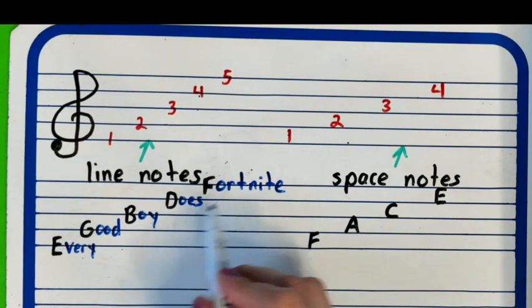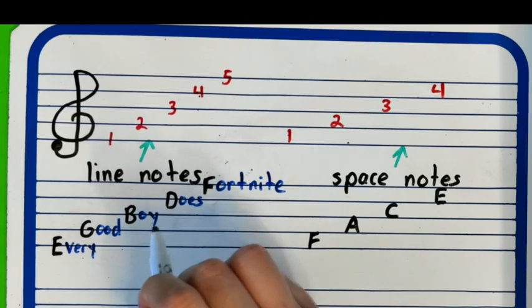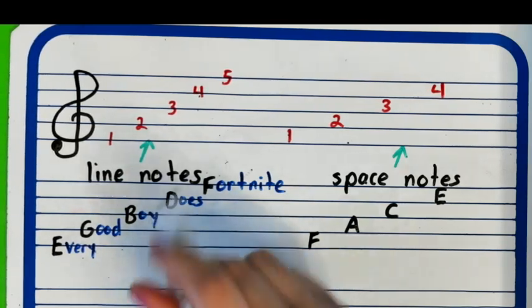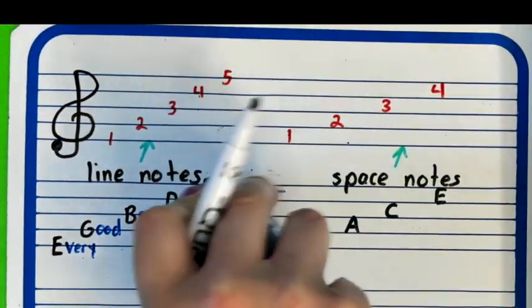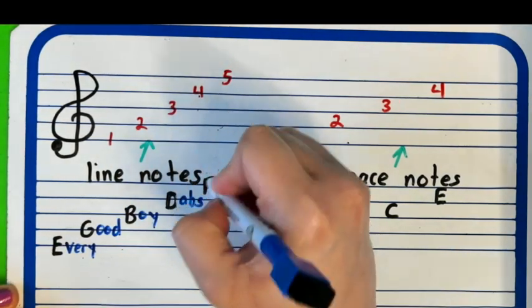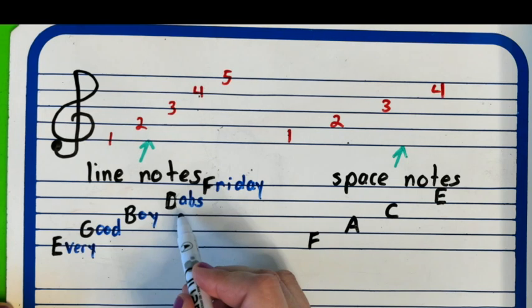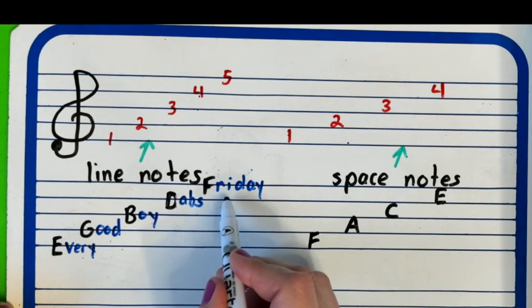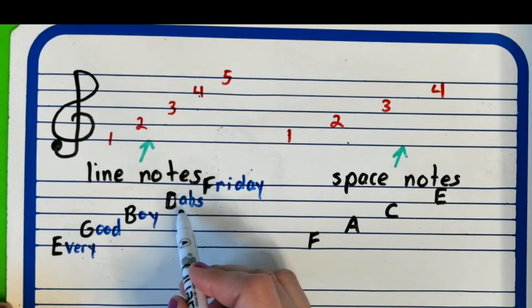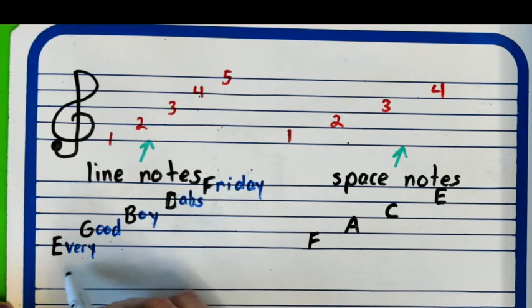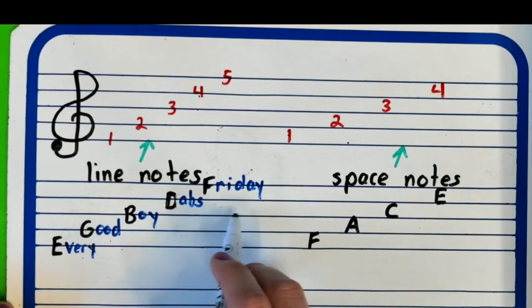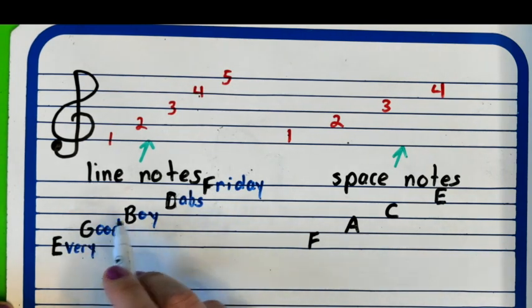Every good boy does Fortnite. Now, some other students got even more fancy. They did every good boy dabs Friday. Yeah, we all know how to dab. So there's so many silly sentences that you can do using E, G, B, D, and F.